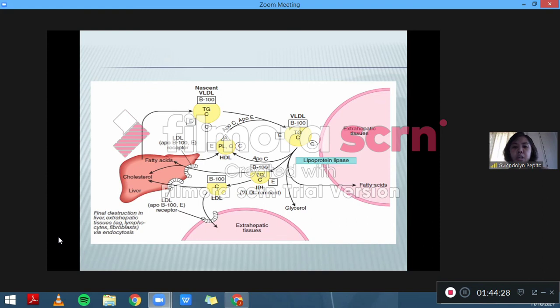Because of the breakdown of your triacylglycerols, you then have your IDL or VLDL remnant.